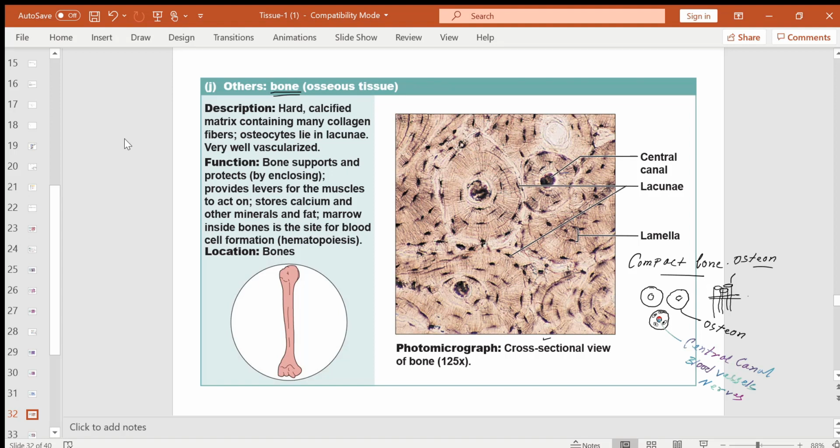Osteo means bone, cyte means cell. So lacunae and osteocytes inside. Okay, and let's make it larger. So this is an osteon, central canal, and the lacunae.